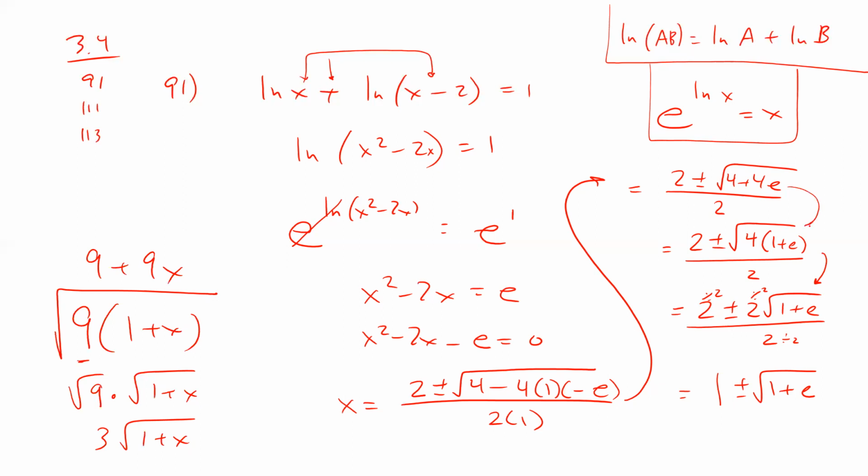It's the same as 9 plus 9x, which is just 9 times 1 plus x. So it's the same as 4 times 1 plus e. I factored out the 4, or in this case, the 9. So 9 plus 9x becomes this, a factored form of 9. Did I answer your question, Nate? Yeah.